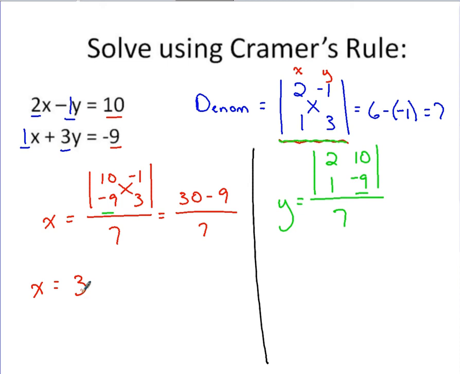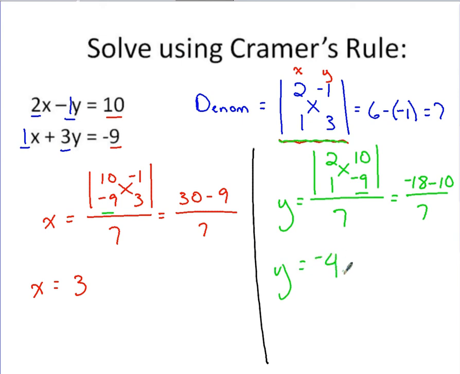And for y, if I do my cross product for 2 and -9, I get -18. I'm subtracting. Multiply 1 and 10, so that's 10. That's all over 7. We'd have -28 over 7, so y is -4.